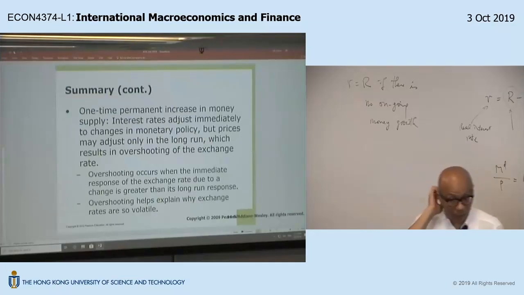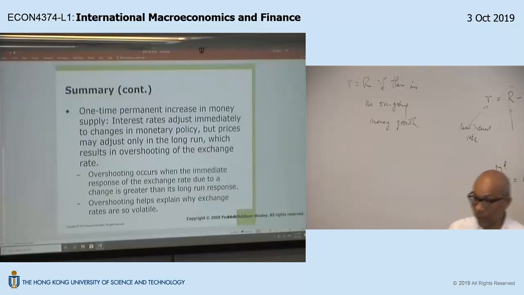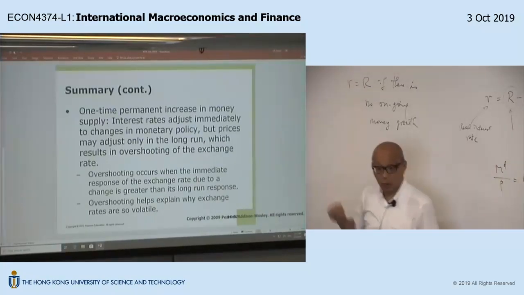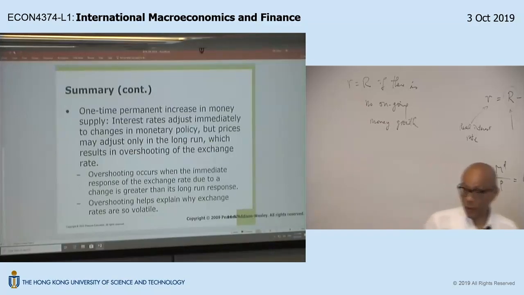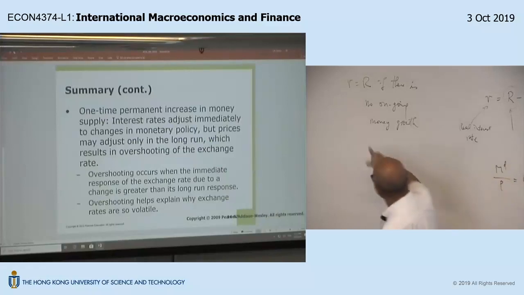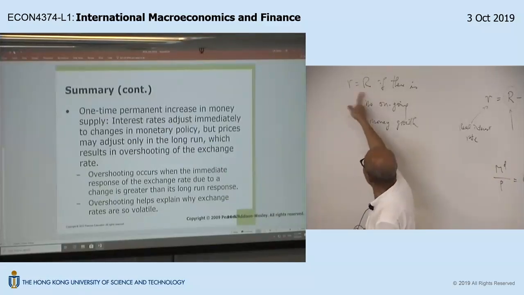So what does that mean? Remember long run neutrality of money. In the long run, money is going to be neutral. That means that the real interest rate will go back to the original level, to the initial state. Originally, this is also true, before that one-time permanent change.